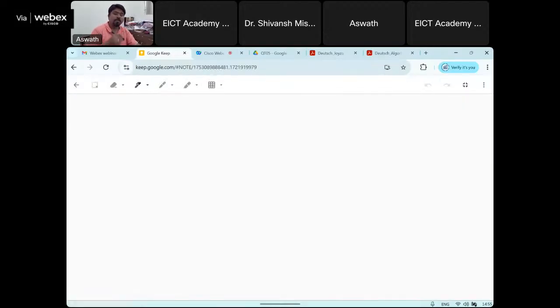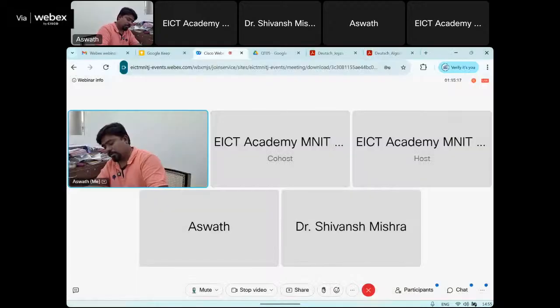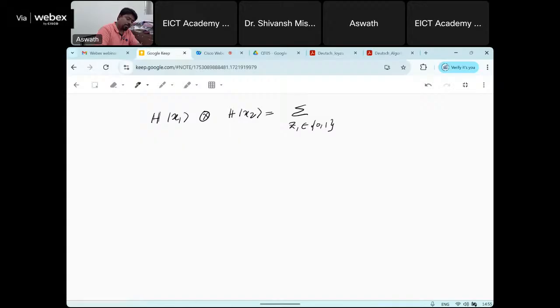Okay, so what we are trying to do is H acting on x1 tensor H acting on x2, which is summation over z1 belongs to {0,1}, minus 1 to the power of x1 z1, |z1>, divided by square root of 2.